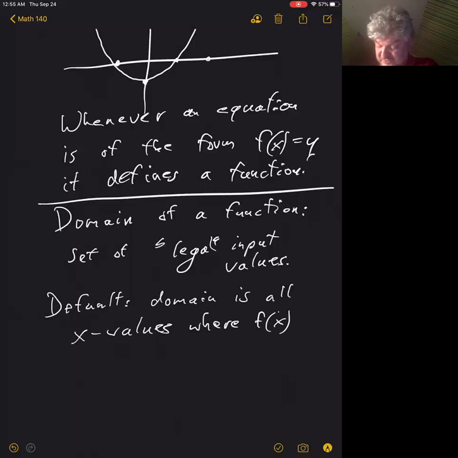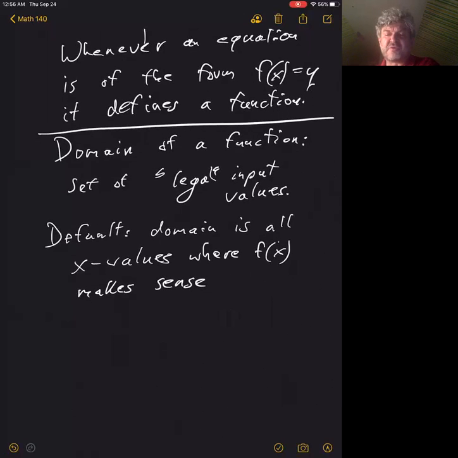Right, f of x was actually a formula, makes sense. If you do that, and you want to be specific about it, explicit, we call that the natural domain. The set of all x values where f of x makes sense is called the natural domain.